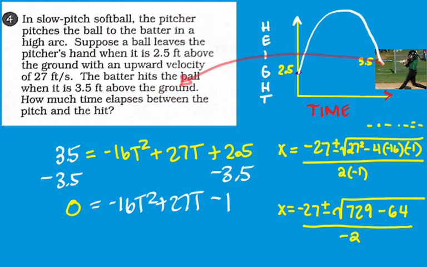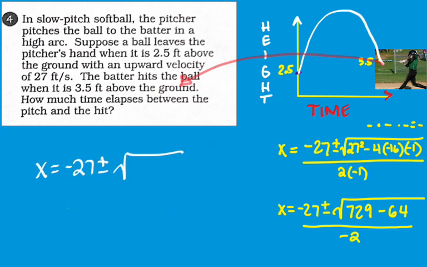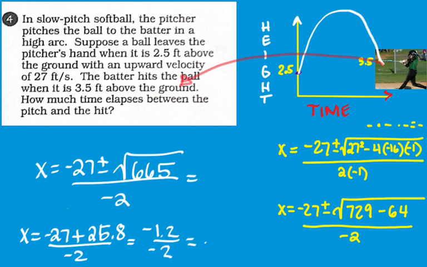I'm going to give myself a little room here and erase. So then I do the math here, and I see the square root of 665 is going to be 25.8, and I do negative 27 plus that, and I get about 0.6 of a second. That is when it leaves and how long it's going to take for it to get hit by the batter.